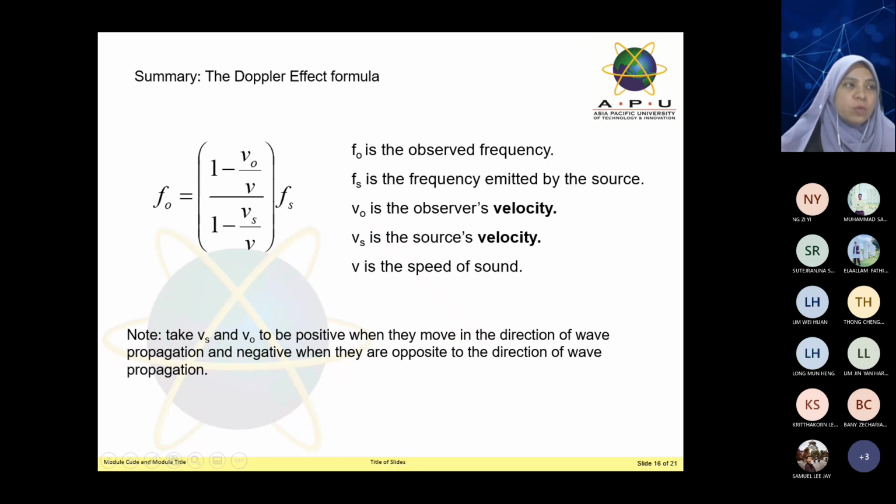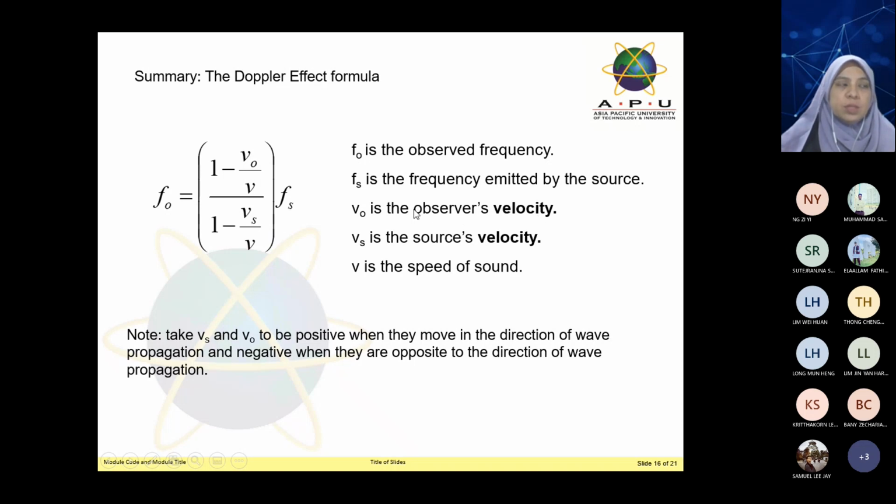For the formula just now, it can be summarized as the Doppler effect formula: Fo equals (1 minus Vo per V) per (1 minus Vs per V) times Fs, where Vo is the observer velocity.